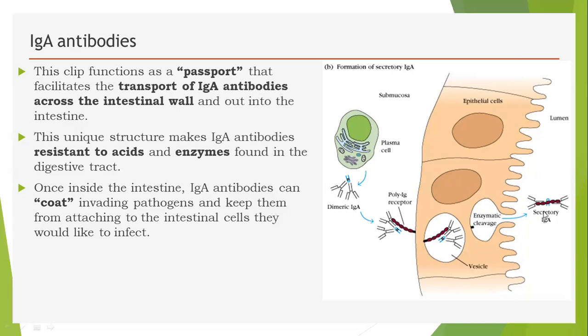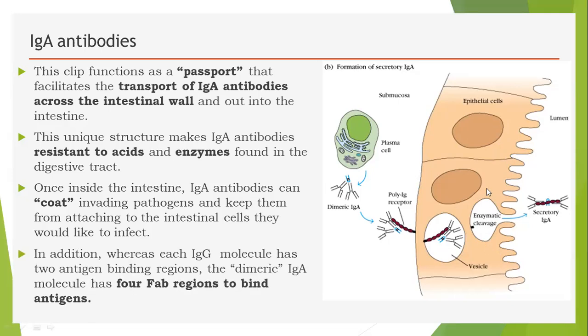So once the immunoglobulin is secreted, it moves through the epithelium and is able to bind to the invading pathogens, and those pathogens will not be able to infect the mucosa surface within that particular region.